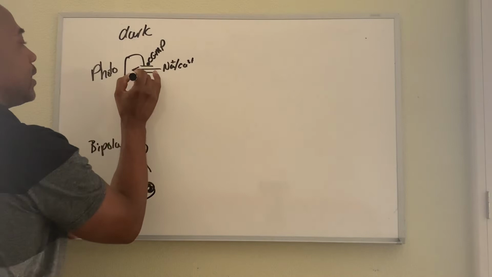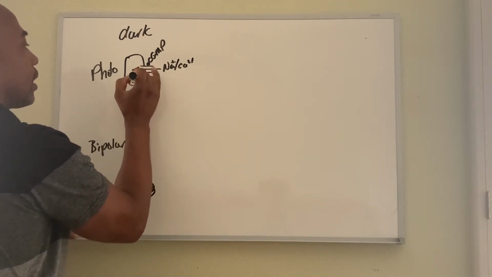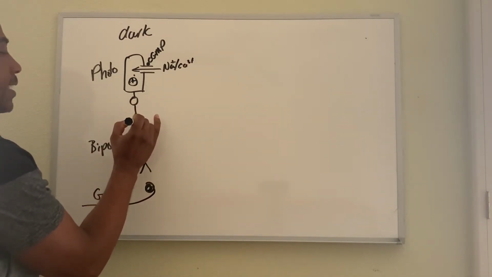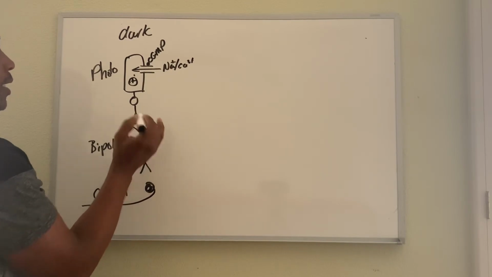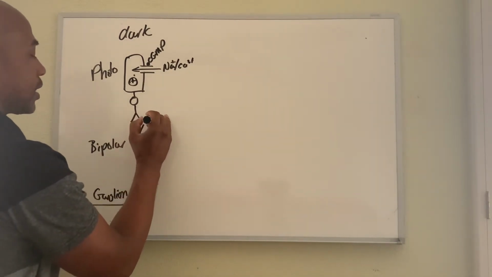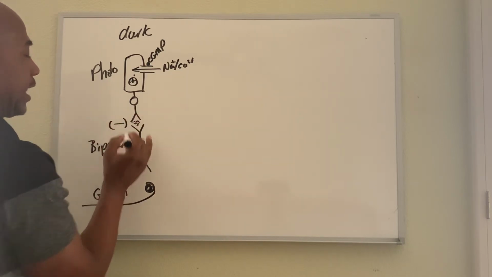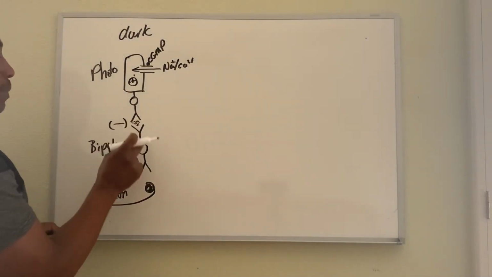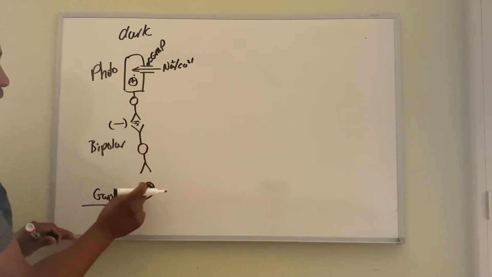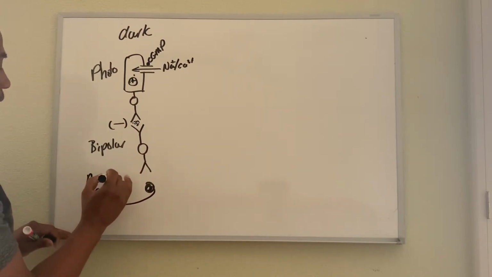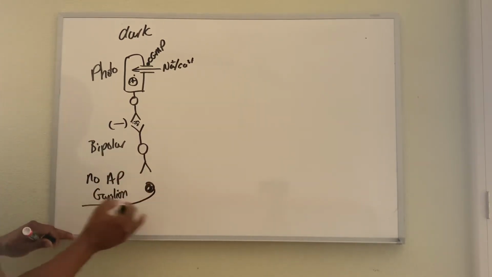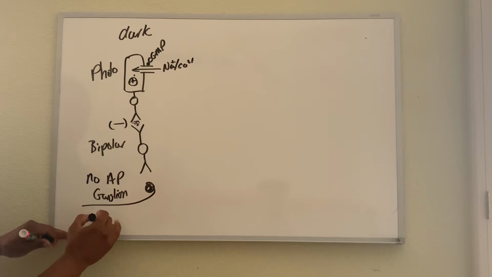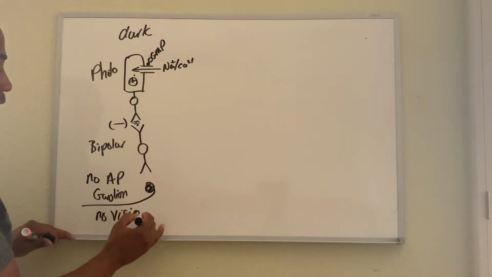That will depolarize the cell such that it will then release a neurotransmitter onto the bipolar cell. This is an inhibitory NT being released from the photoreceptors onto the bipolar cell. And because it's now inhibited, the bipolar cell cannot activate the ganglion cells. So there's no action potential in the optic nerve, which is what your ganglion cells form. So there's no vision in the dark.